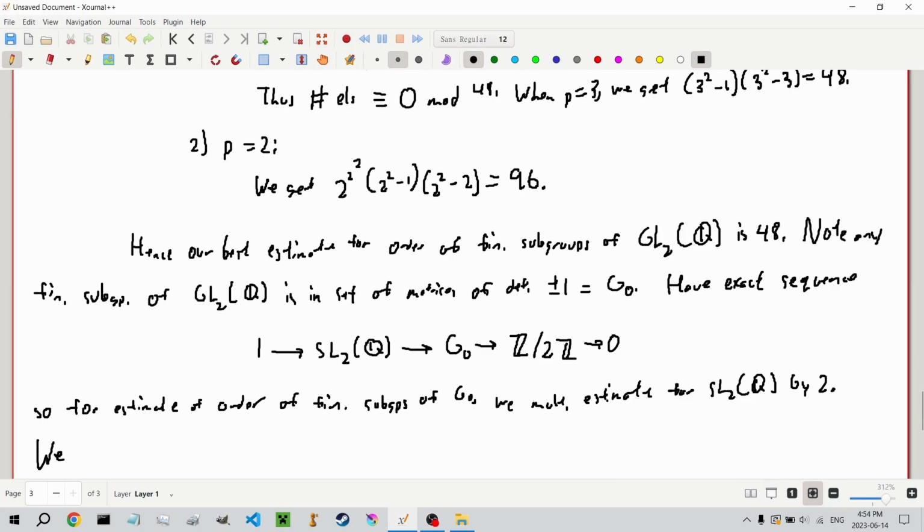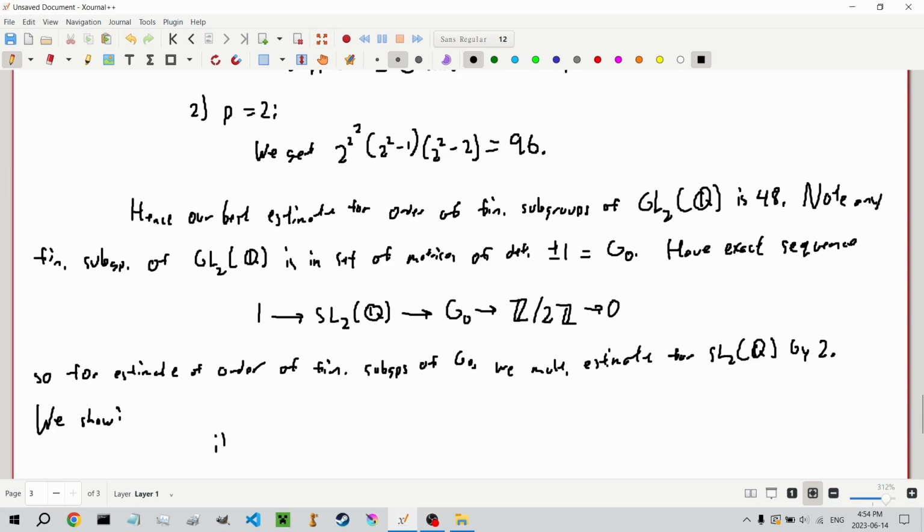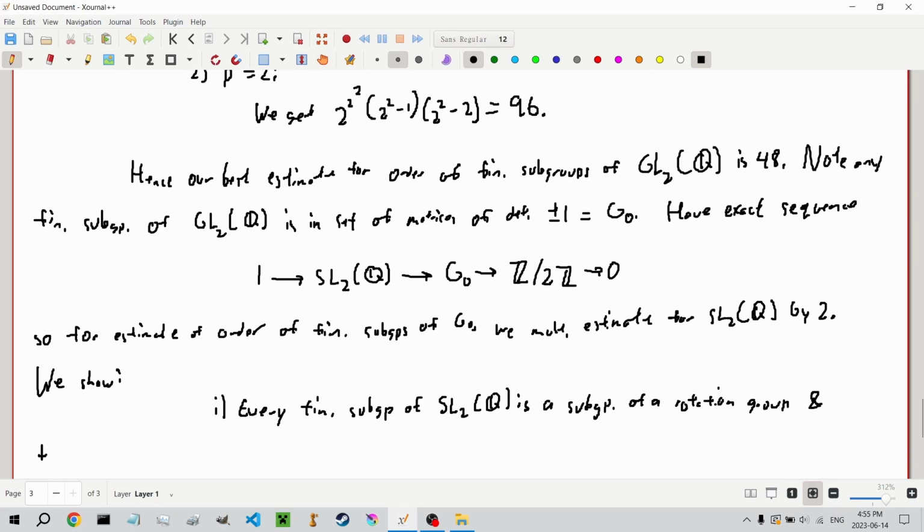Then we will show, first off, every finite subgroup of SL2 of Q is a subgroup of a rotation group and is therefore cyclic.